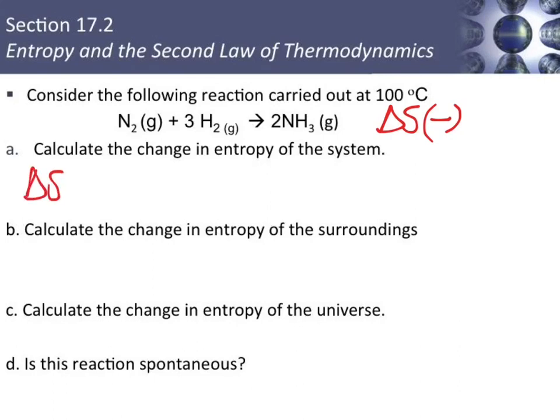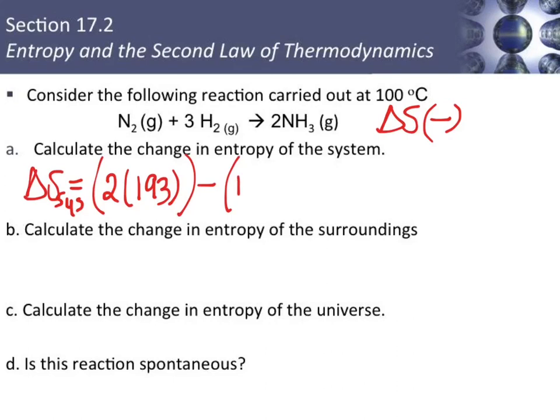So delta S, go to your chart, and we have 2 NH3s, and get me NH3's S. Is it 193? 193, yes. Is this delta S of the reaction? Yes.